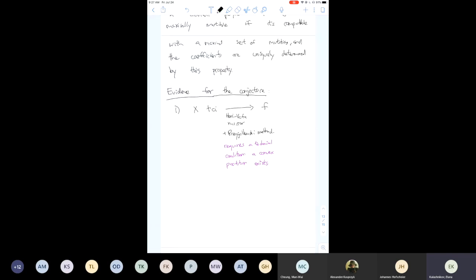In the search that Coates, Kasprzyk, Prince and collaborators did for all the Fano toric complete intersections of dimension 4, they were able to find a convex partition for all of them. And they also verified in the search that the mirrors they produced were rigid maximally mutable.